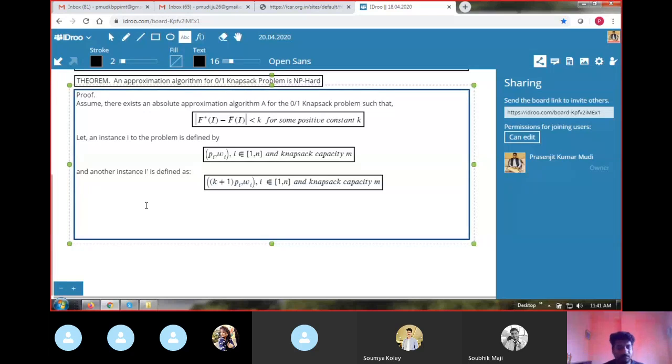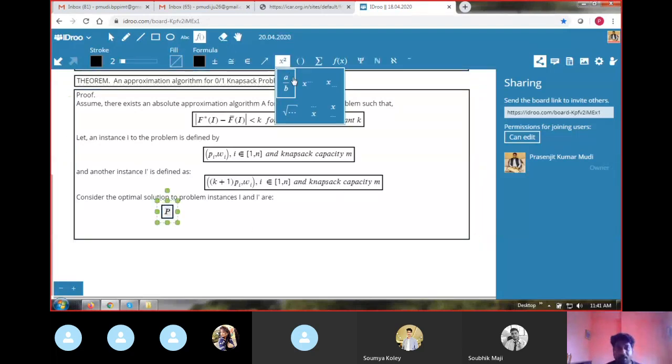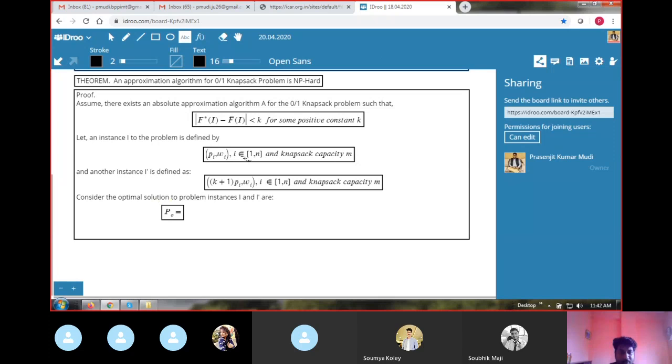The optimal solutions to the problem instances I and I dash are the maximum profits.